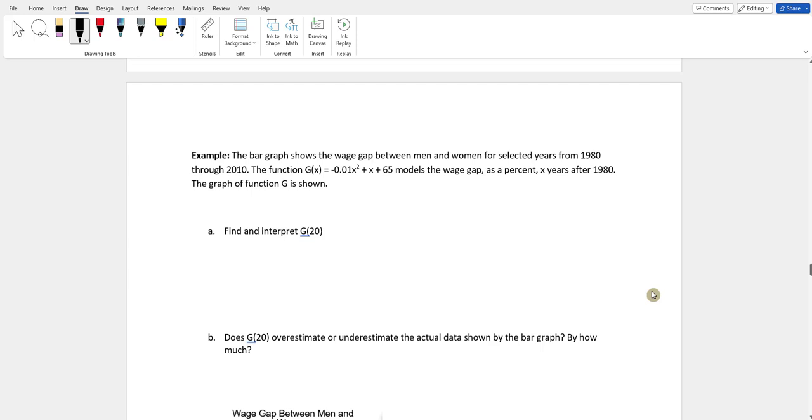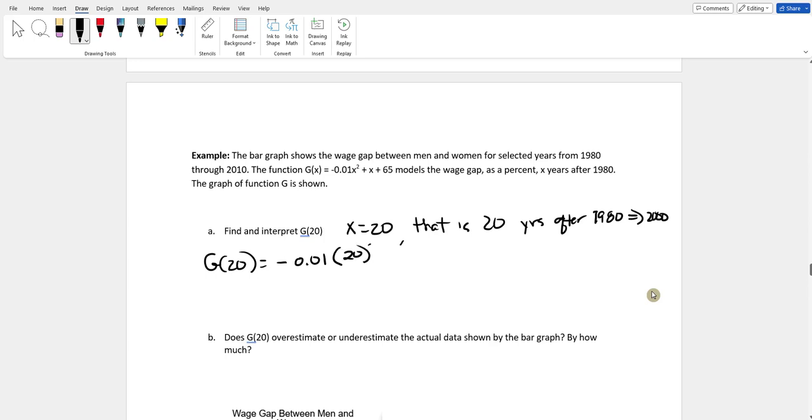So g of 20 means x is equal to 20, and that is 20 years after 1980. So that would mean the year 2000. That's the year 2000. So when we calculate g of 20, I'm going to plug everything back in.